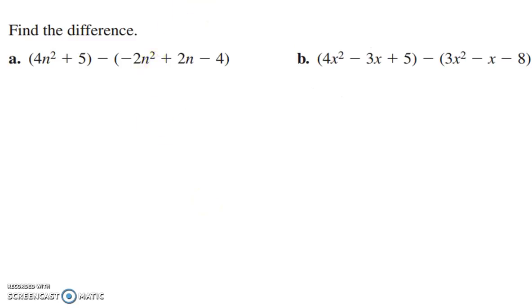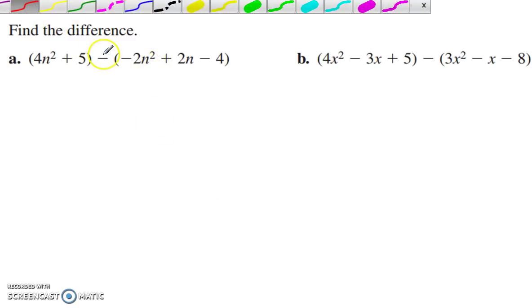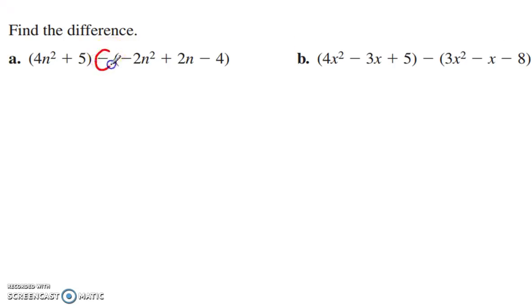Subtracting is a little bit trickier because the first thing you have to do is basically distributive property with this negative sign. So now that makes this positive, that makes this negative, that makes this positive. Okay, once we've changed all the signs in the parentheses, now we can combine like terms. 4n squared plus, remember we changed that sign, plus 2n squared gives me 6n squared.